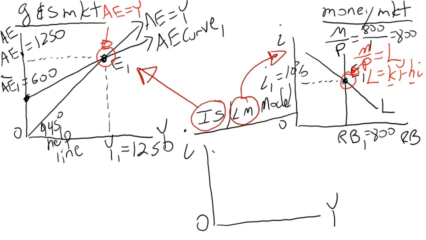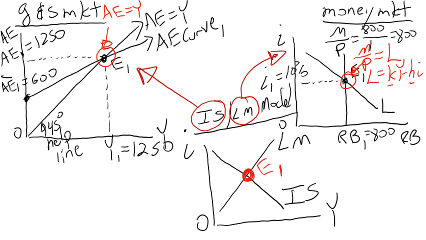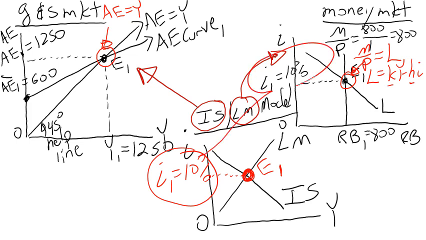The IS curve is normally negatively sloped, and the LM curve is normally positively sloped. And this would be equilibrium. Let's call it E1. And this is 10%. Where does it come from? Well, it comes from here.